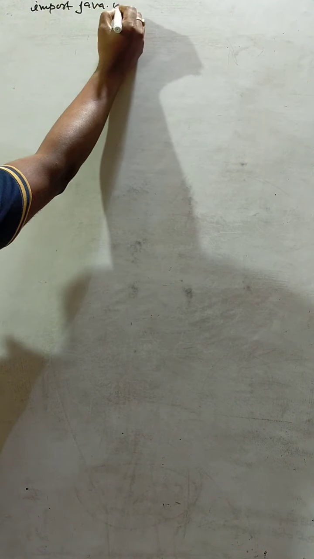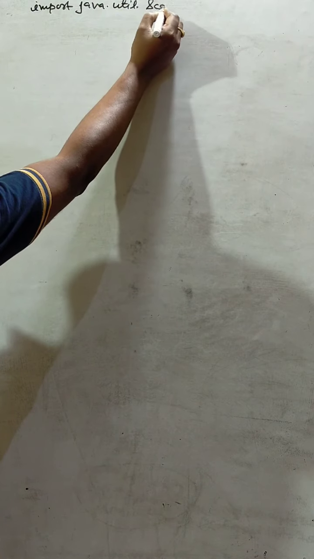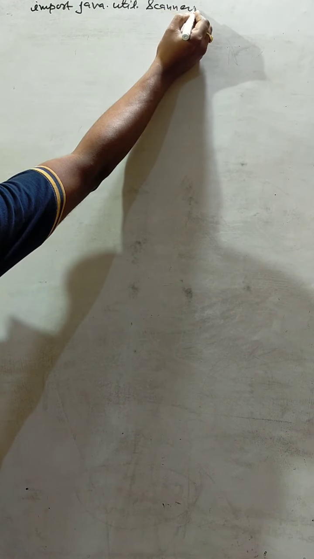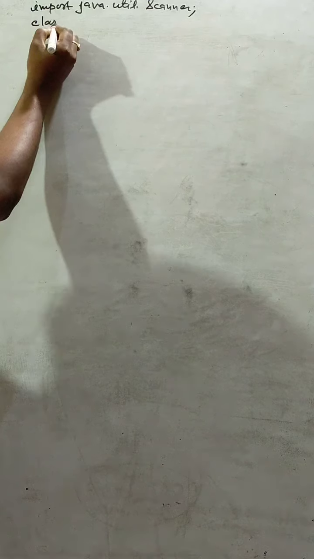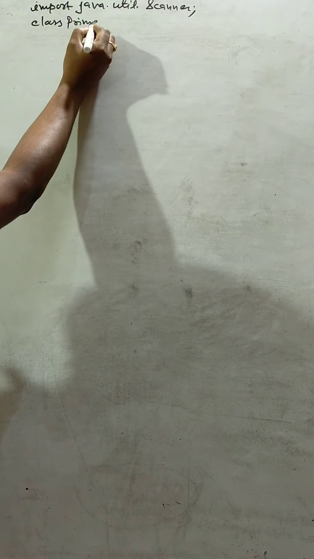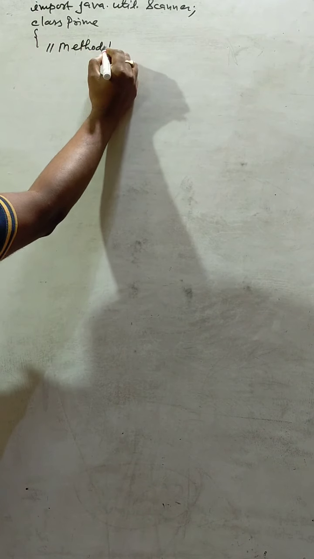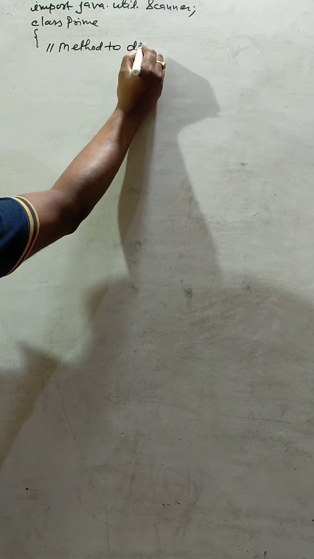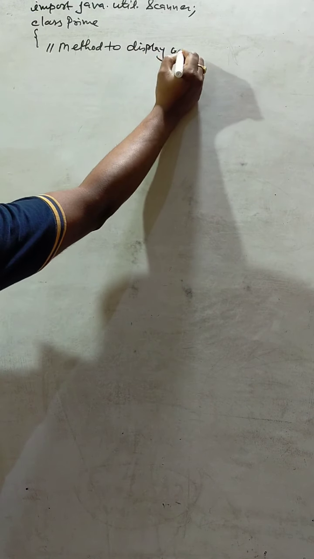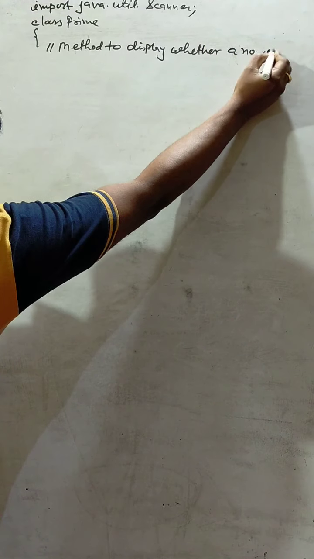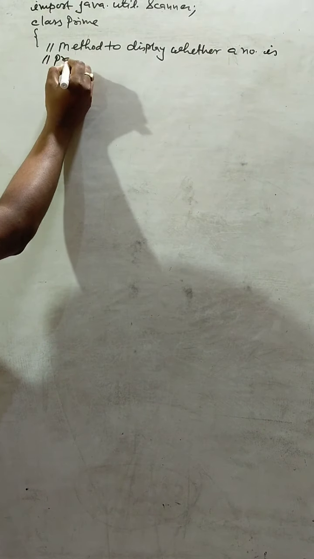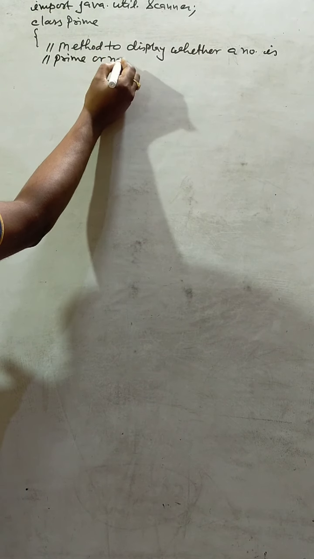Okay. So first of all, import java.util.Scanner. Class Prime. Method to display whether a number is prime or not.